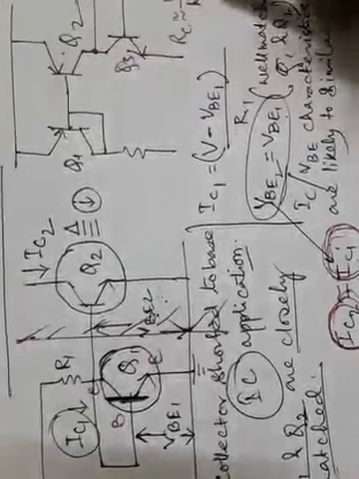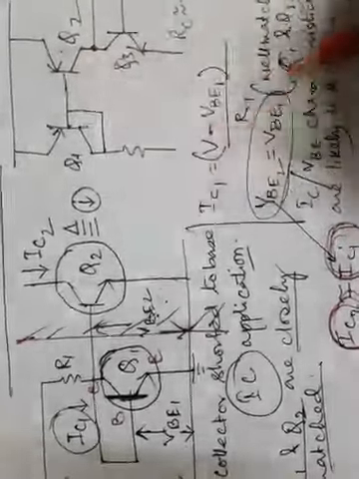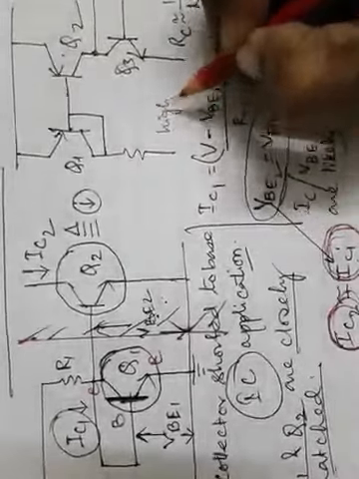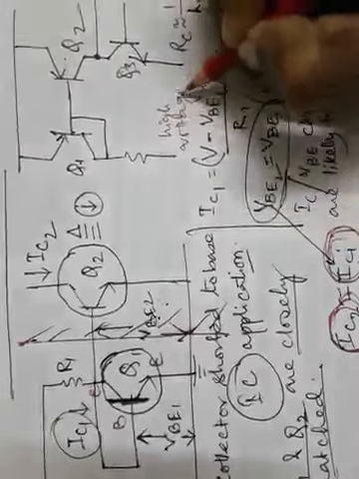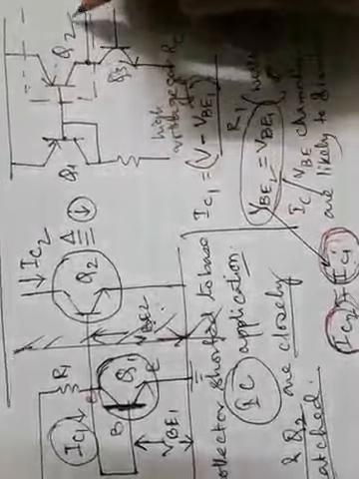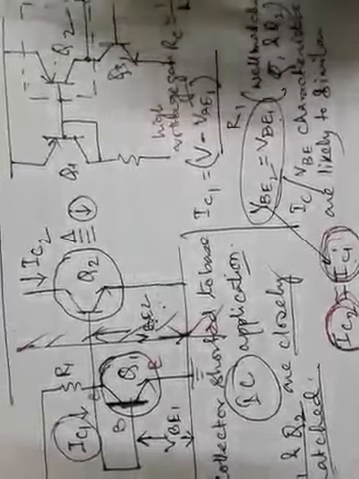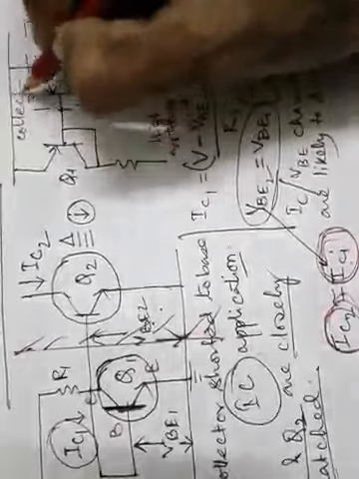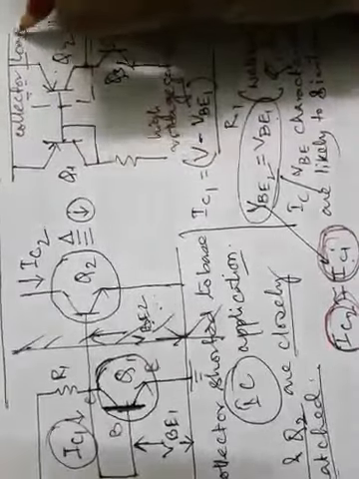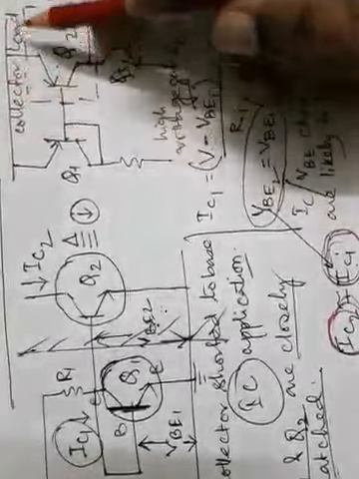Because this value of 1 by hoe is large, this arrangement will provide a high voltage gain, and this BJT Q2 will be called the collector load for Q3. Why collector? Because we have replaced the collector resistance RC with this BJT, and it is the load for Q3.